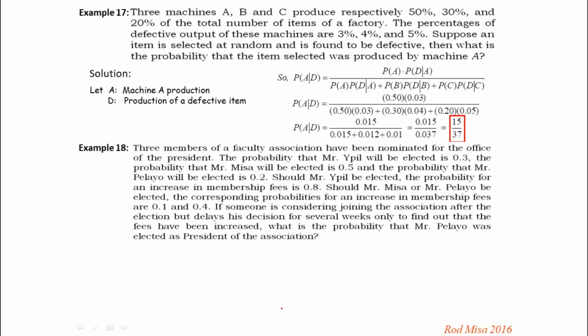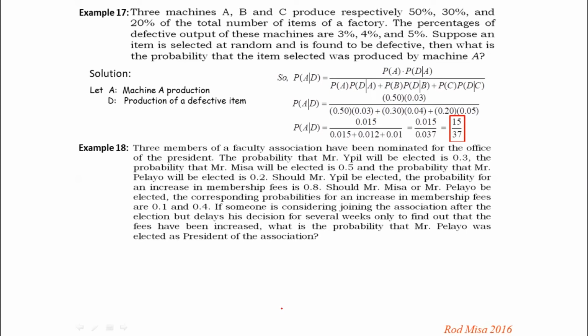And the probability that Mr. Pelayo will be elected is 20%. Should Mr. Ipel be elected, the probability for an increase in membership fees is 80%. Should Mr. Misa or Mr. Pelayo be elected, the corresponding probabilities for an increase in membership fees are 10% and 40% respectively.